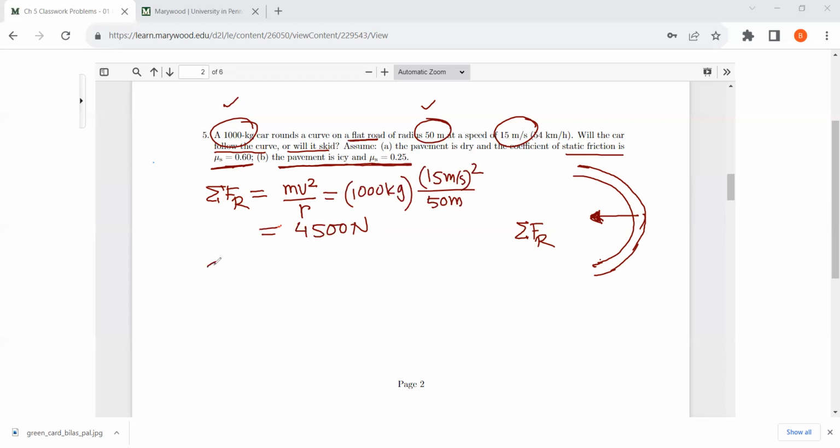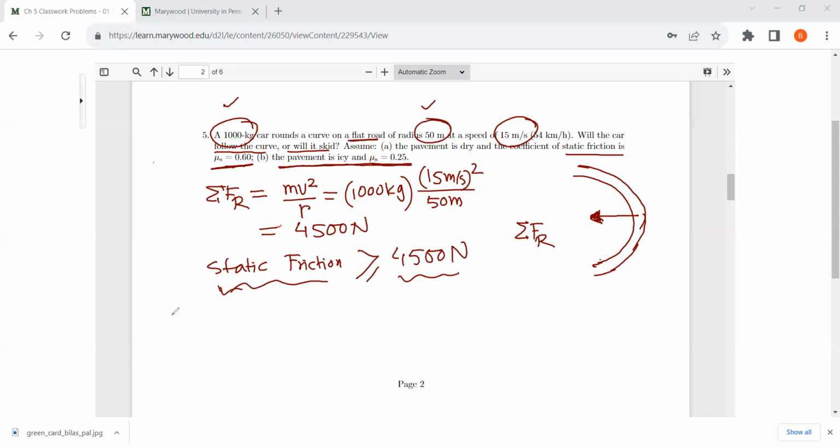If the static friction between the car tires and the ground is higher than or equal to this value, then the car will stay on the track, otherwise it will skid away. So we have to check whether the static friction is 4500 Newtons or less. If it is equal or higher, it will stay on the track. If it is lower, it will skid away.